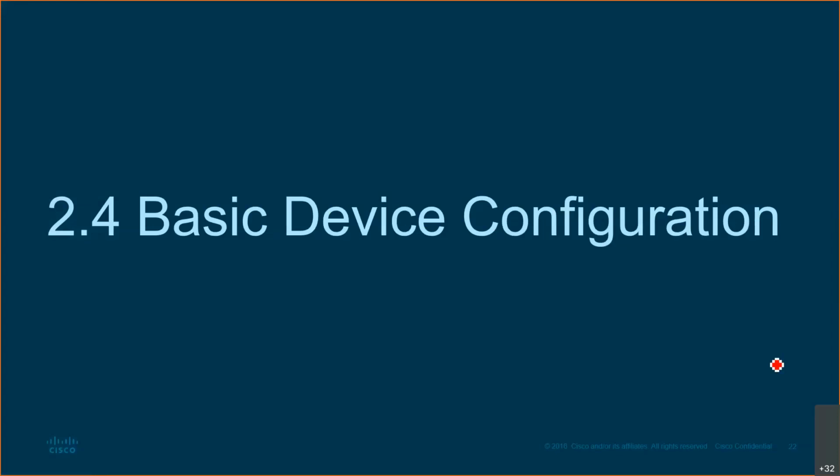Another device is a router. A router, on the other hand, is used to connect two different networks together. What is the meaning of different network? That means one network has a different IP address range, and another network has another range.